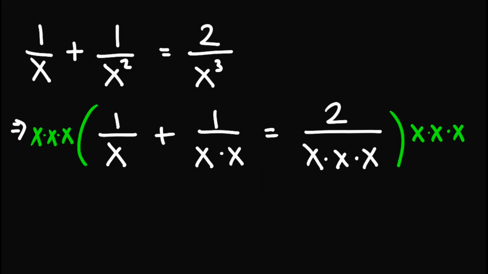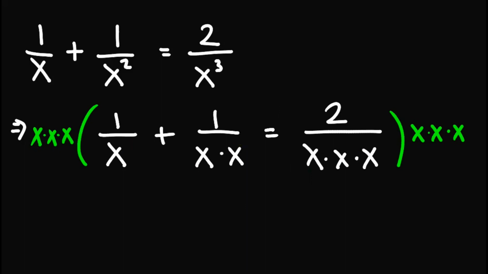Why is this the one that we multiply? Because by multiplying x times x times x, or x cubed, we'll be able to cancel this, we'll also be able to cancel this, and we'll also be able to cancel this.